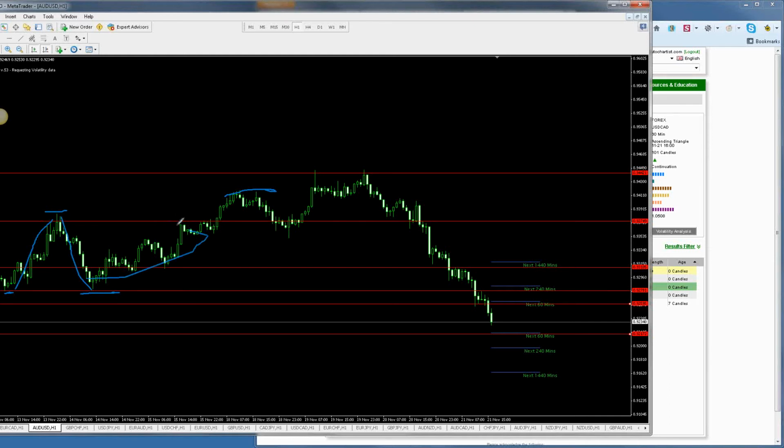Sorry about my line there. You see that price didn't just carry on and break through quickly. It paused here a little bit and then it moved up. And then it moved down and paused on this same line again. So you can see already that this line over here is a very strong psychological level. Price doesn't just want to go to that level and break through. It wants to hang around that level a little bit, or bounce off that level, or break through.